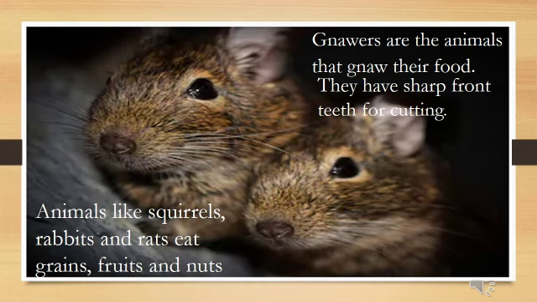Normally, their food includes grains, and nuts like walnuts, etc. So, these food items need to be cut, and for this purpose, they have very sharp front teeth, and these sharp teeth are known as incisors. So, rodents are the animals that gnaw their food continuously.